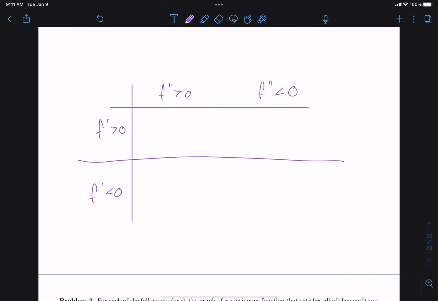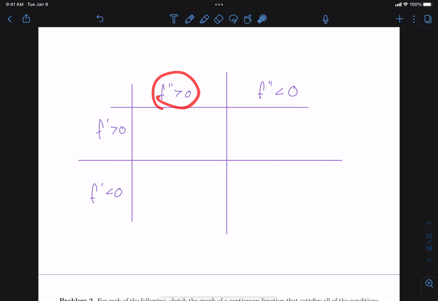Okay, so we're going to make a table with several pictures here of what the graph might look like if it satisfies these two conditions. We're going to put it here. So let's do the first one.